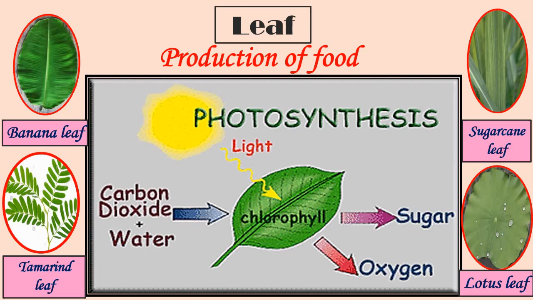Photosynthesis is the process through which a plant produces its food using carbon dioxide, water, sunlight and chlorophyll. Chlorophyll is the pigment essential for the photosynthesis process, which is present only in leaf. Because of chlorophyll, leaf acquires green color. The leaf is flat and they come in different shapes, sizes and colors.